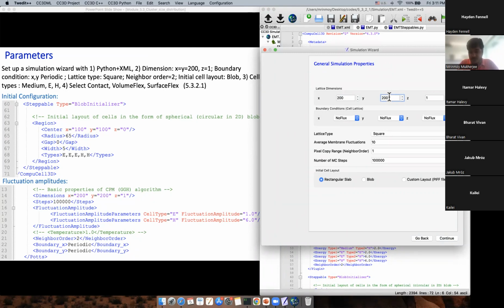But here we'll choose the smaller box. Choose 200 and choose periodic boundary condition. Lattice type is square. We will choose average membrane fluctuation as 1. Neighbor order as 2. And we'll choose the blob initial cell layout to create a circular tumor.